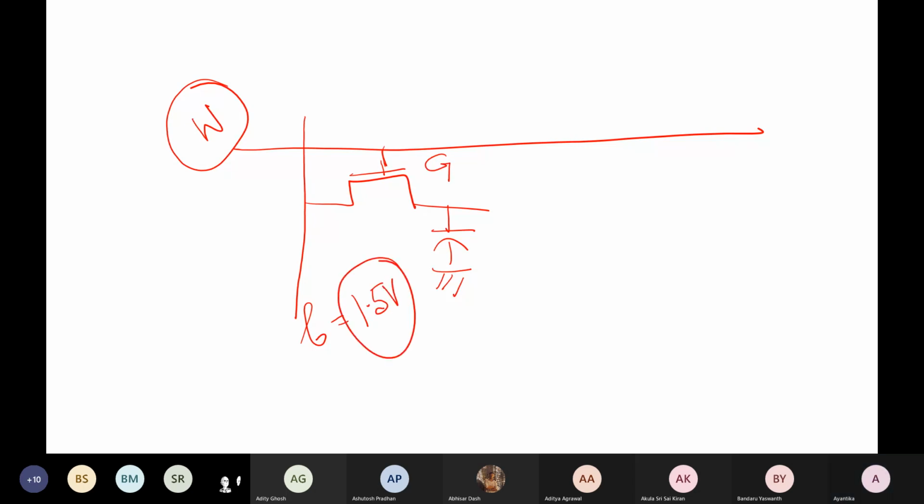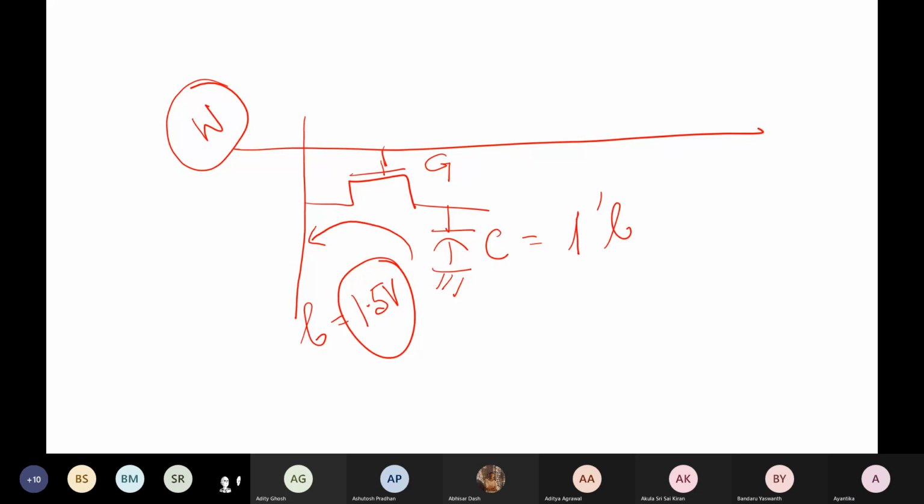So when this is set and the gate is on, based on the value, if this capacitor was previously holding 1 bit, that means it was charged, it is now leaking some information, it is partially discharging.